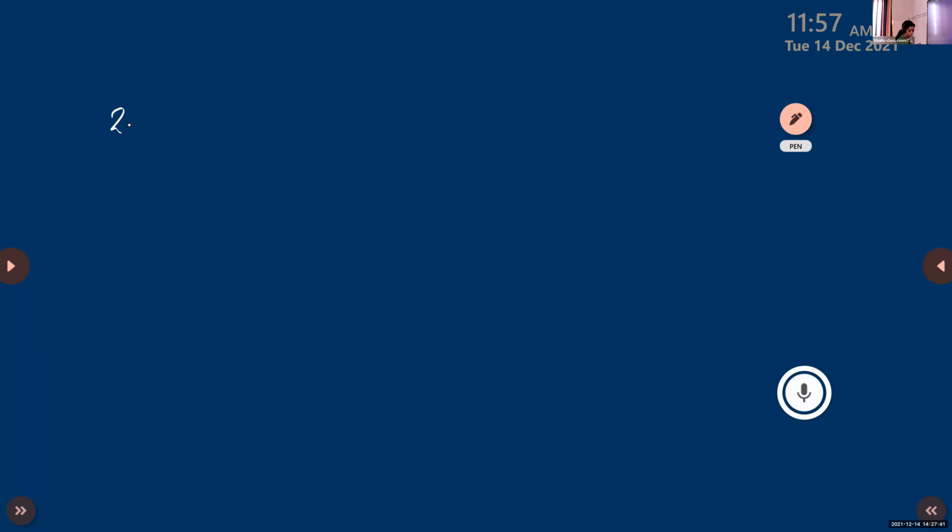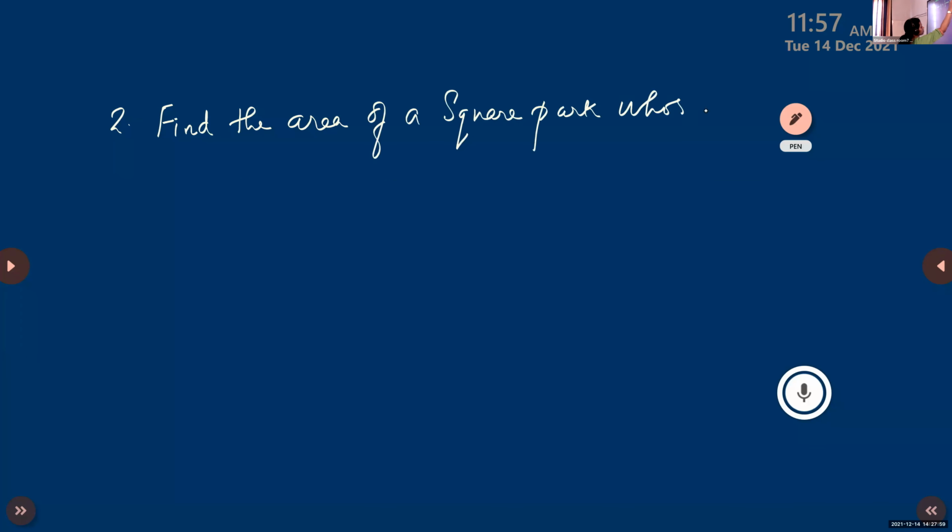So second question you write. Children, this is the second question. Write down. Question number 2. Find the area of a square park whose perimeter is 320 meter.